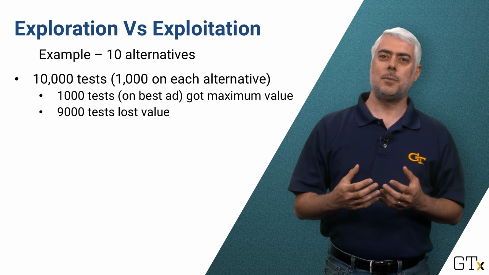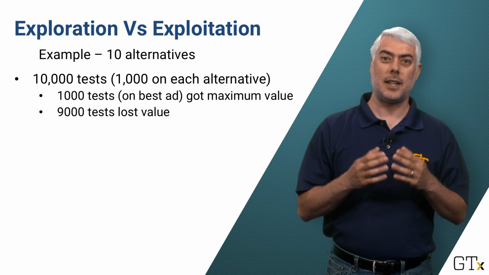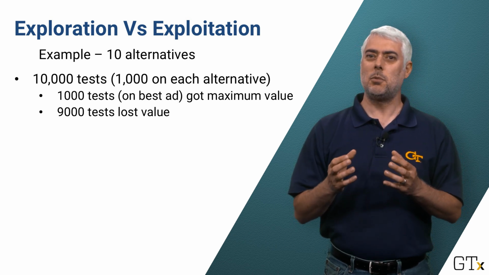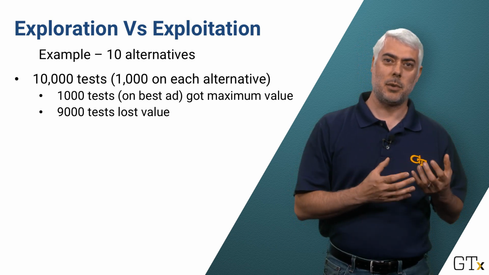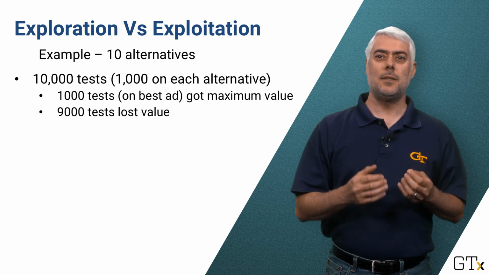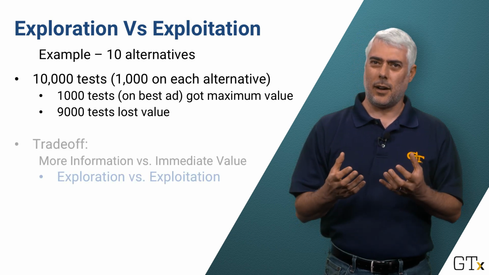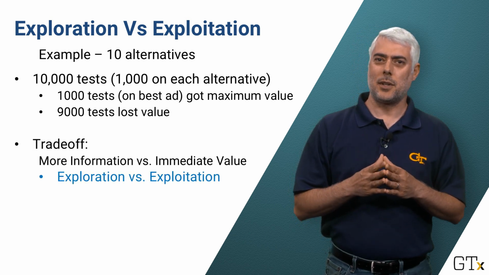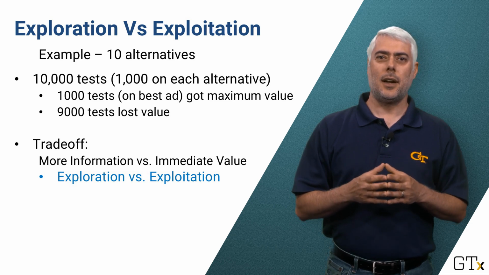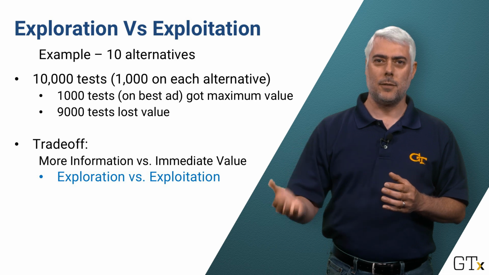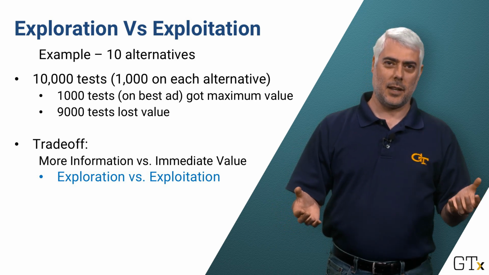And what if we hadn't stopped at 1,000 tests each, but had done 10,000 tests each? We could be more sure that number 1 really is the best ad, but we would have lost even more value from showing ads that weren't our best. So there's a trade-off. Every time we're presented with an opportunity to show an ad, we have to balance the benefits of getting more information and getting immediate value.